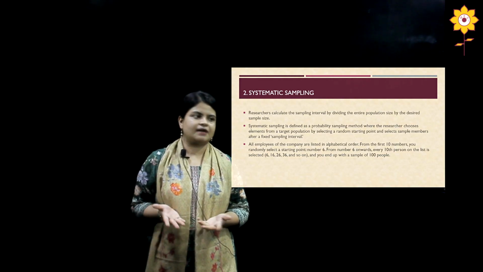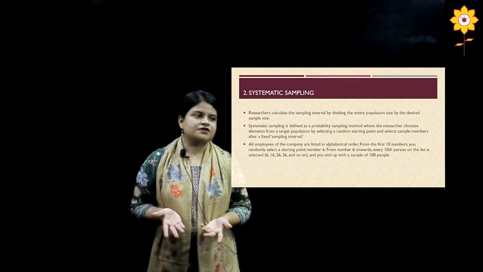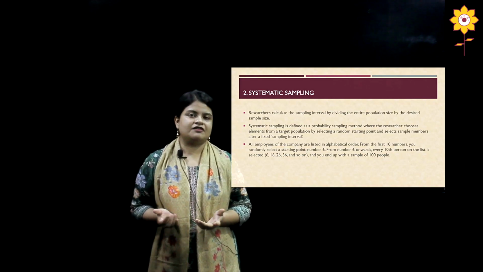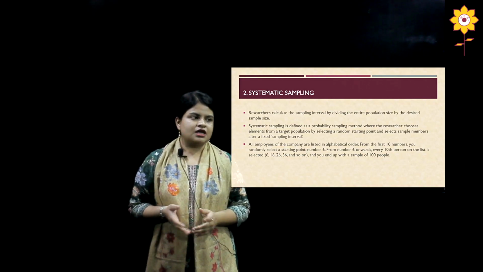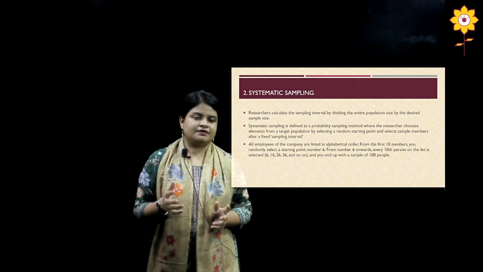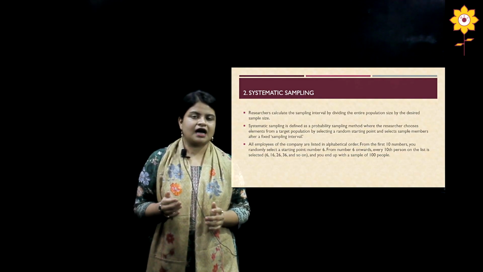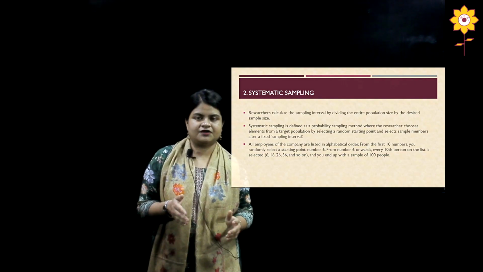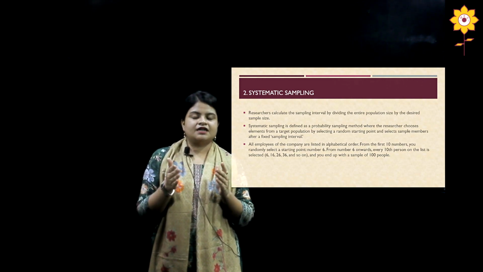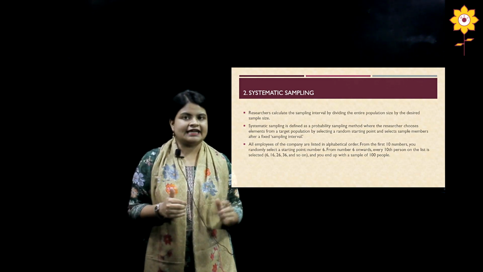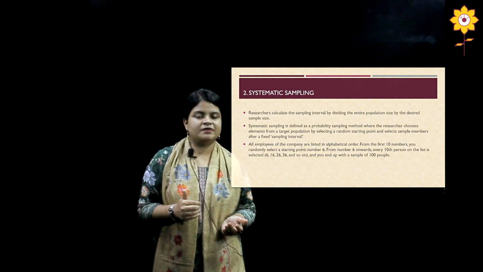For example, all employees of a company are assigned an alphabetical number or an order. From the first 10 numbers, the researcher may pick any random number, say 6, and starting from that number 6, every 10th number further would be selected.